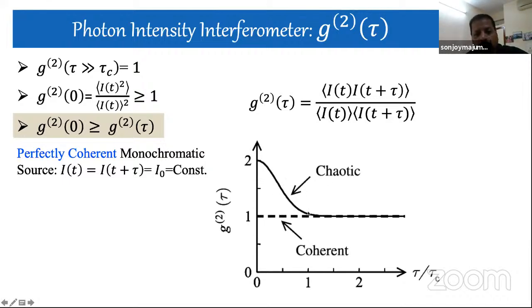After tau is greater than tau c, G2 settles down and merges with the coherent profile. That is the correlation statistics we see: it comes from the largest value G2(0), slowly comes down, and saturates at G2 equal to 1.